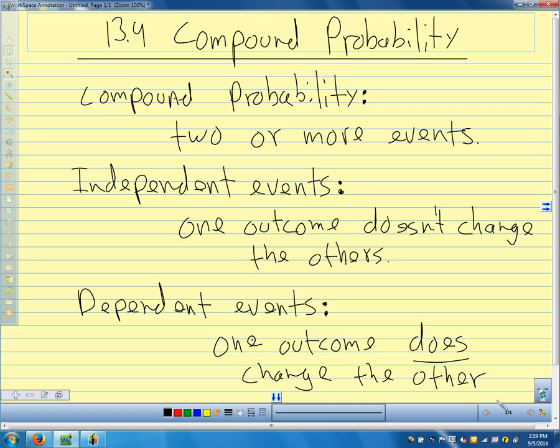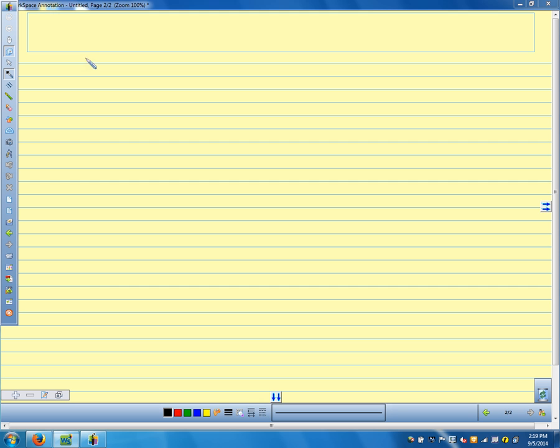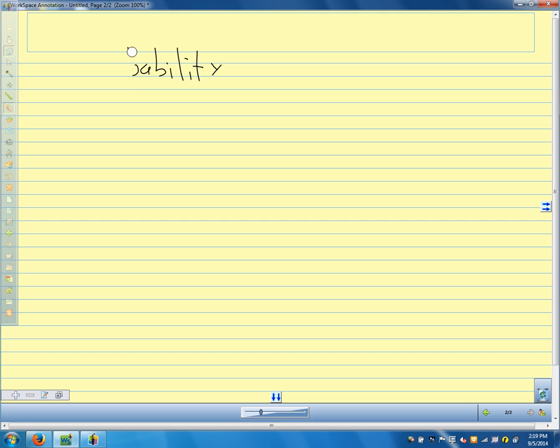So we want to figure out how to calculate these probabilities. Two very easy rules. Let's look at independent events first. I'm going to say A and B are independent events.